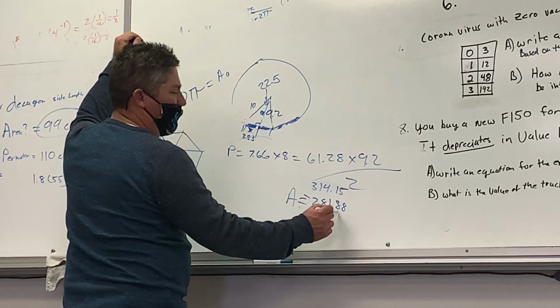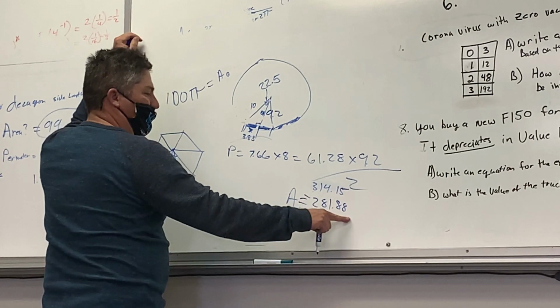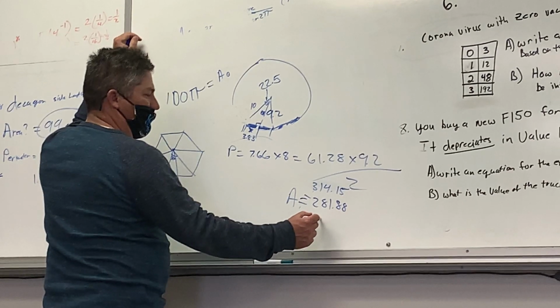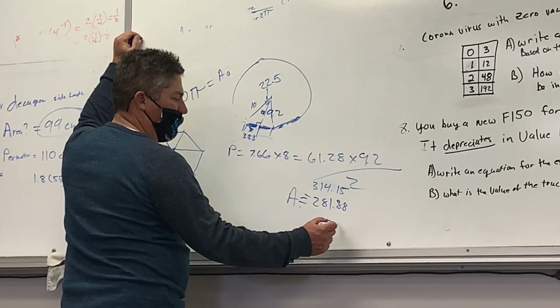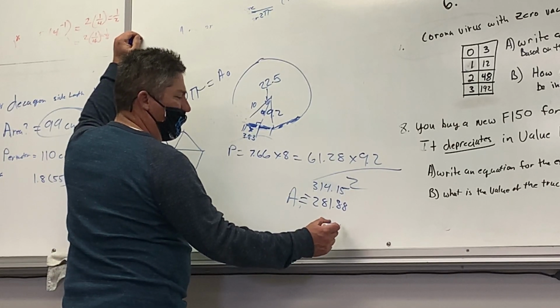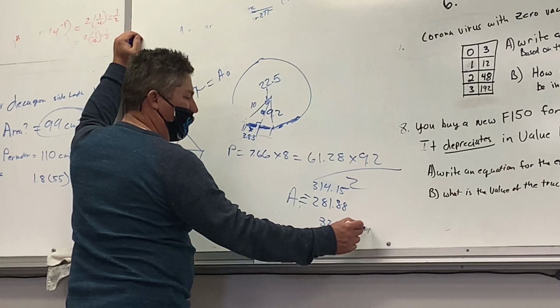And subtract 281.88 from it. 32 point what? 32.27. 32.37. And this is going to be centimeters squared or whatever.